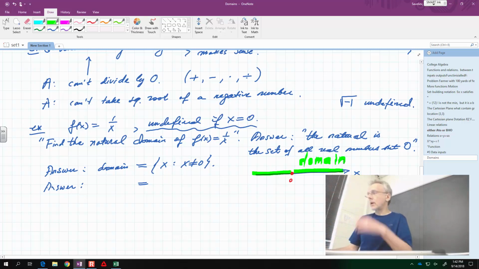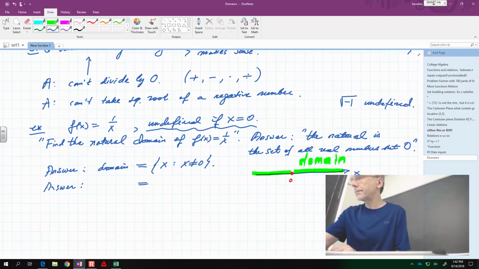Okay, so then what is the domain made of, based on this little picture? It continues on to infinity in one direction and infinity in the other direction. So what is it? All real numbers except, yeah.